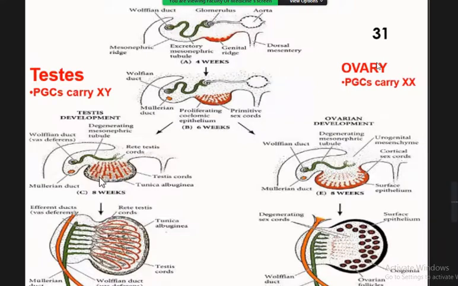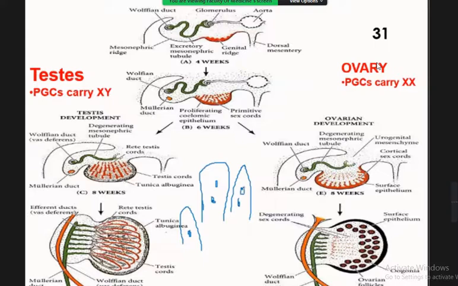And as they continue to proliferate, what happens is that they encircle, or they take in, the coming primordial germ cells. So you would get cords forming, then they are enclosing primordial germ cells.